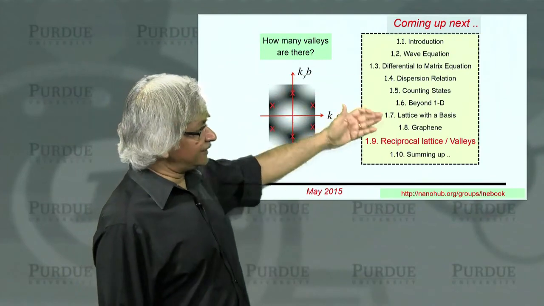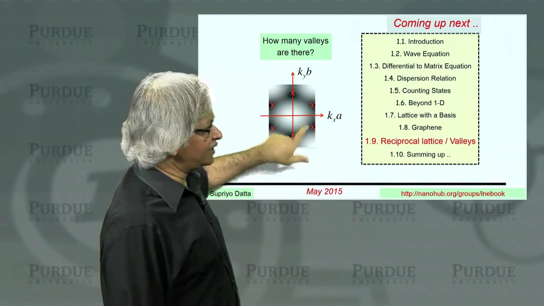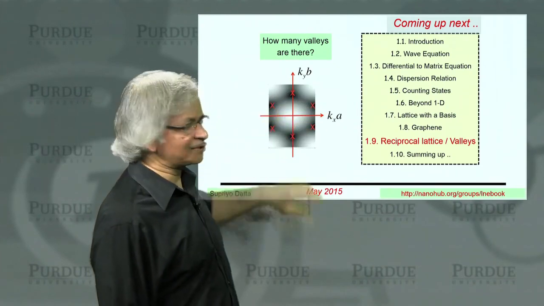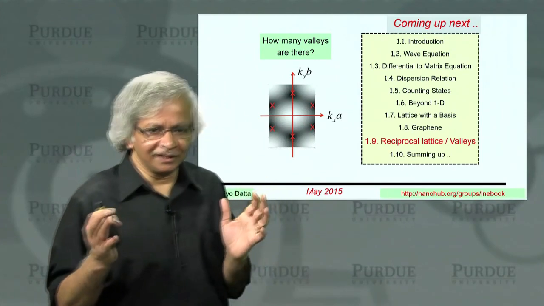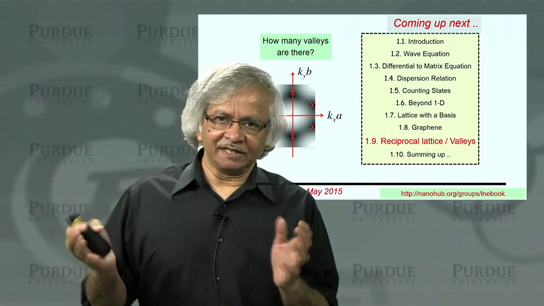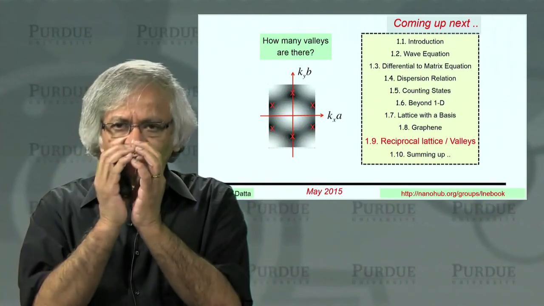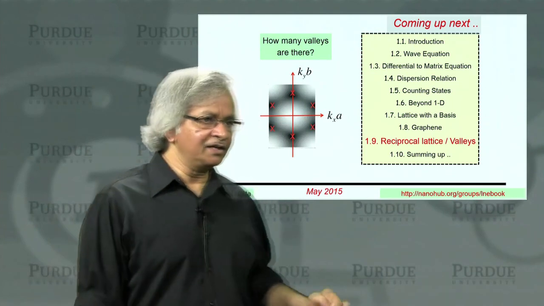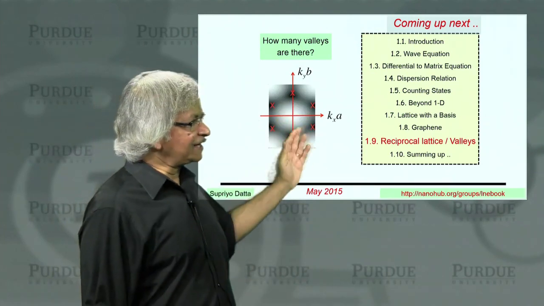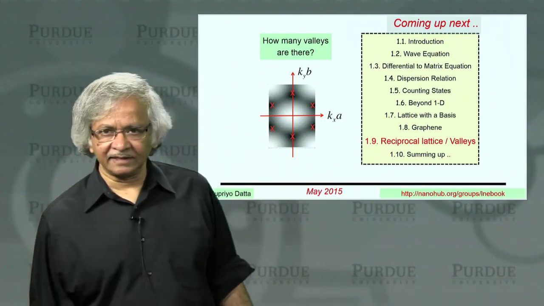So what we'll address in the next lecture is, how many valleys are there? Why is it that apparently it looks like 6, but it's effectively only 2? And that's because, of course, we have to consider this Brillouin zone. As I had mentioned earlier, you only look at the states within the first Brillouin zone. And what you'll find is when you do that, these 6 effectively become 2. That's what we'll talk about in the next lecture. Thank you.